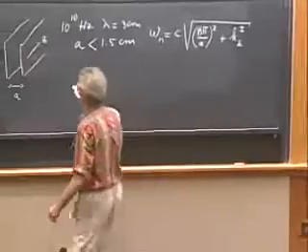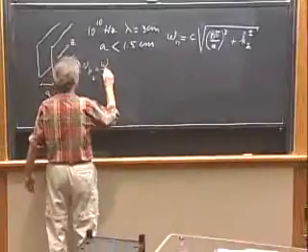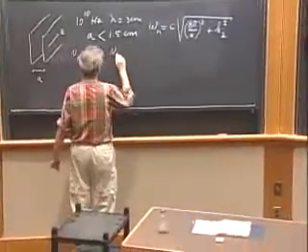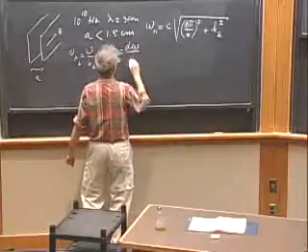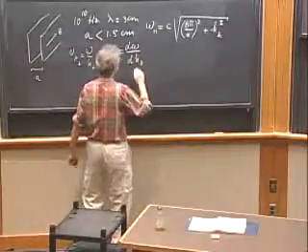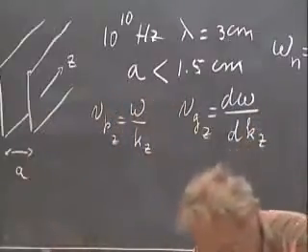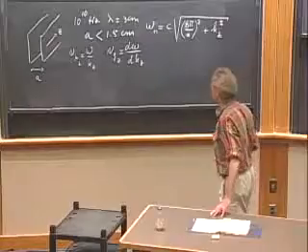And so the phase velocity, v phase, in the z direction is omega divided by kz, and the group velocity in the z direction is d omega d kz. I will concentrate now only on the case that n equals 1.